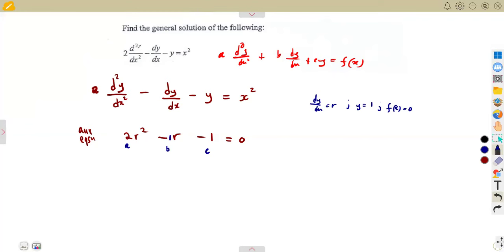So remember your quadratic formula: x is equal to negative b plus or minus the square root of b squared minus 4ac, everything over 2a. So x will be negative b, which is negative 1 there.